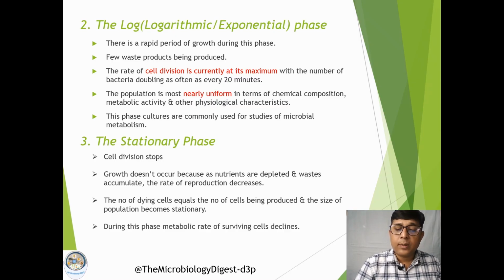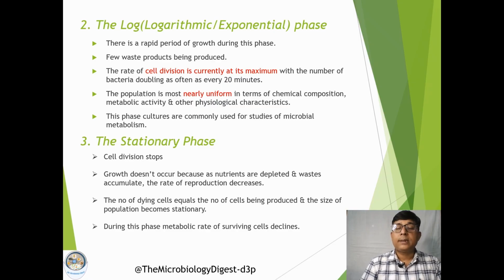Because there will be depletion of the nutrients, because whatever nutrients are present in the medium have already been utilized, and there will be accumulation of the metabolic products, which are waste products of the bacterial growth. Because of this, the bacterial cell division will stop and the cells will start dying.